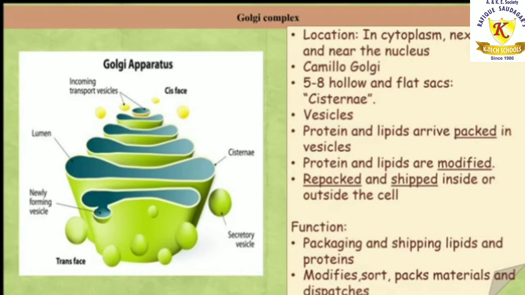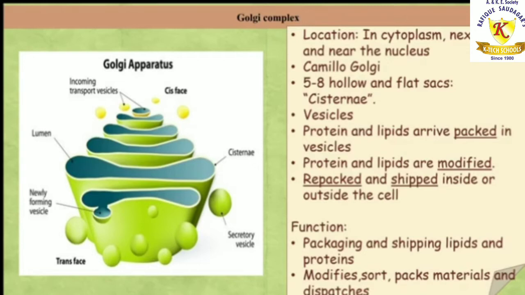Okay, now let's see the functions. Golgi complex is the secretory organ of the cell. It modifies, sorts and packs material synthesized in the cells like enzymes, mucus, proteins and pigments. It produces vacuoles and secretory vesicles.